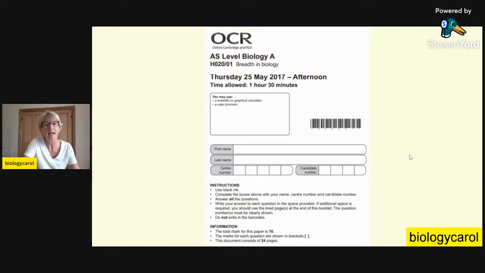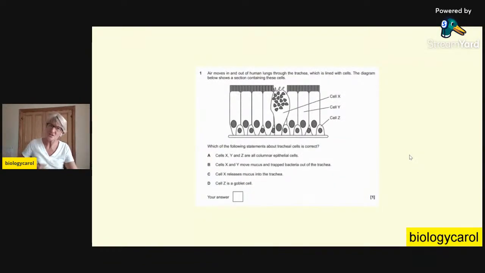So let's get going. First of all, as with OCR papers, you start off with a whole load of multiple choice questions. So here we have a diagram of the epithelial lining of the trachea. And hopefully you'll recognise that these long columnar cells, because they're like columns, have got cilia on the top.